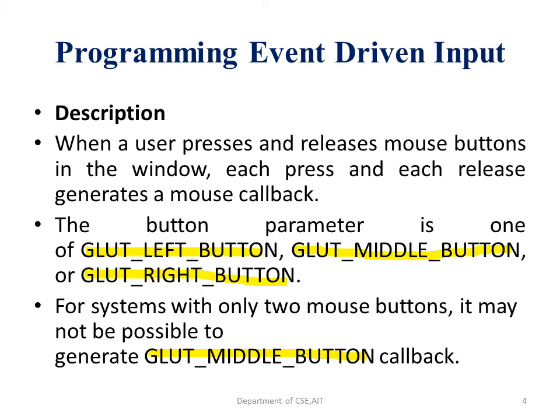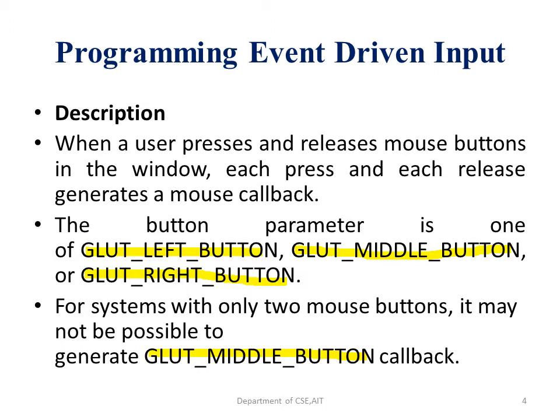And in OpenGL we are going to have constants, and these constants are used for each of the buttons. So for the left button we are going to make use of GLUT_LEFT_BUTTON, that is a constant, GLUT_MIDDLE_BUTTON for the middle button of the mouse, and GLUT_RIGHT_BUTTON for the right button of the mouse.